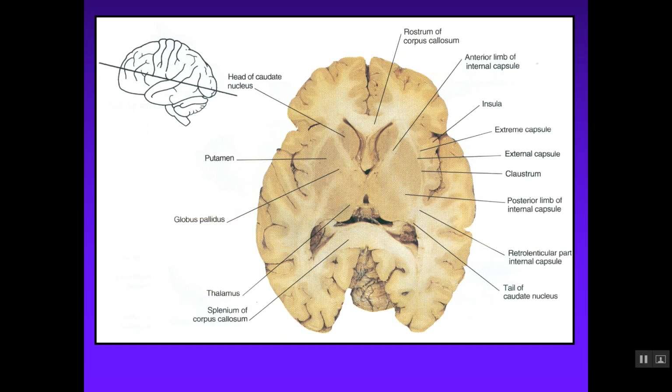In a horizontal section, the projection fibers are mainly this here, which is the internal capsule, anterior and posterior limb of the internal capsule. Remember, we had an external capsule right here, then this little bit of gray matter called the claustrum, then there's an extreme capsule out here.